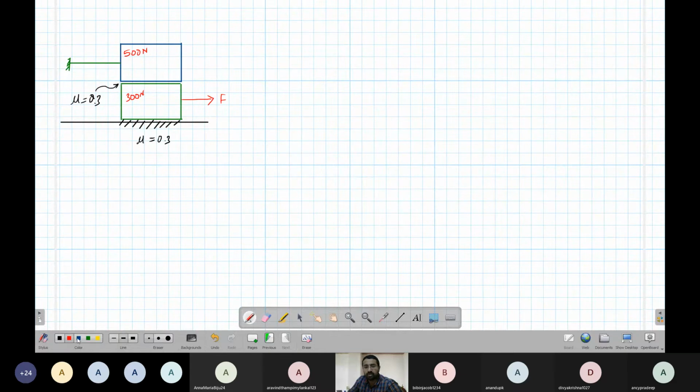So what you have to find is the value of F required to just move the bottom box.